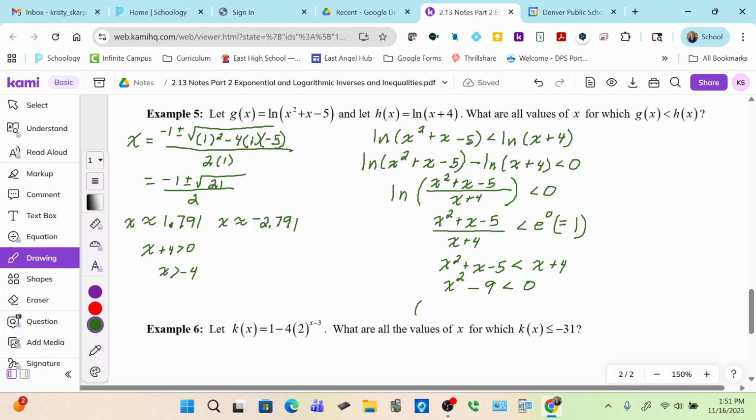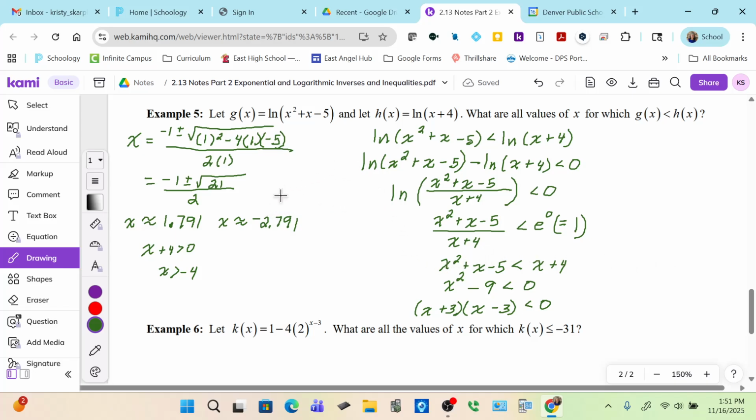So we're going to have x plus 3 times x minus 3, because this is the difference of squares, is going to be less than 0. So I know in my sign chart I'm going to have a positive 3, a negative 3, and a negative 4. I'm also going to have these two values, 1.791 and negative 2.791.